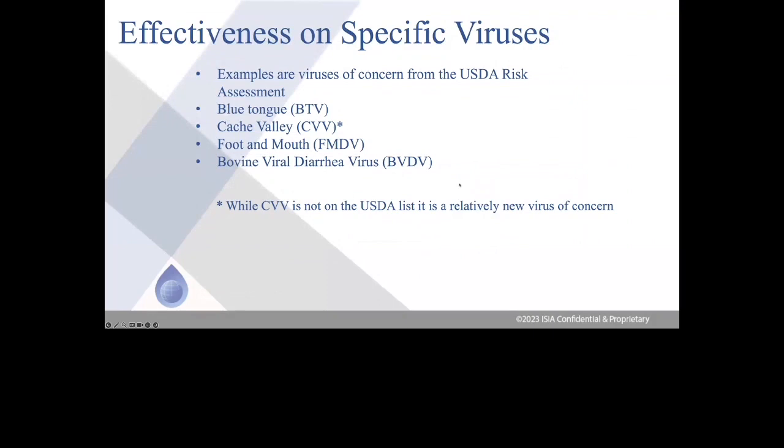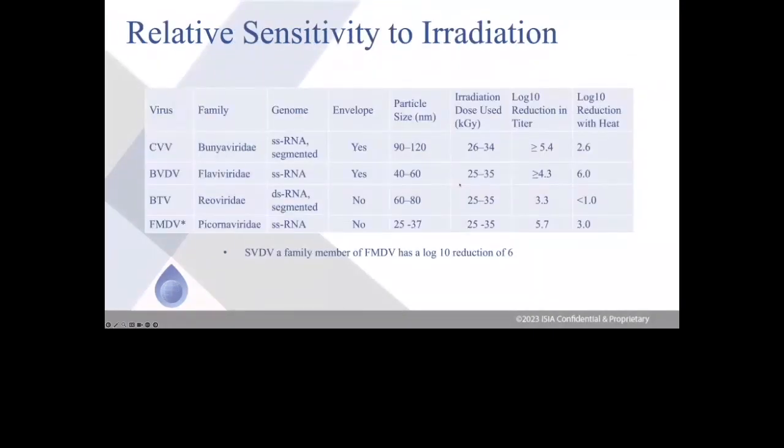Now, this table here gives you the overview of the relative sensitivity to gamma irradiation and heat treatment. It is fairly well understood at this point that viruses of a certain family tend to have the same sensitivity to gamma.